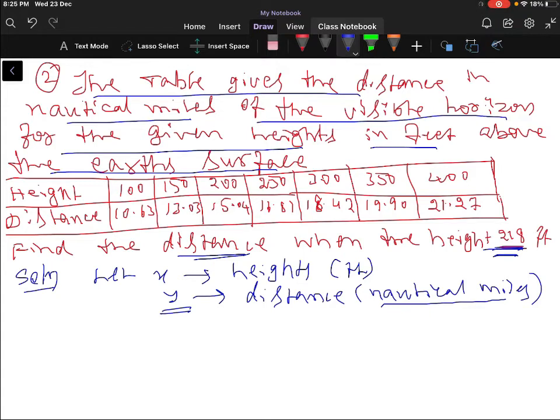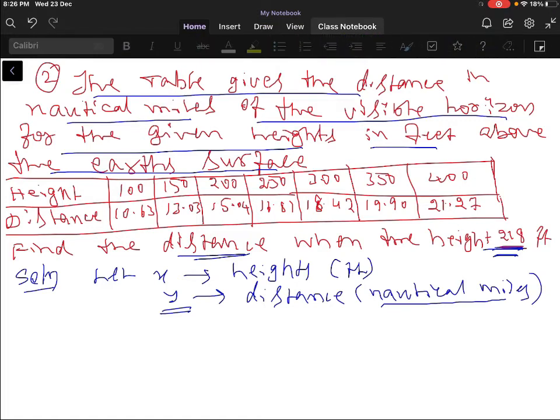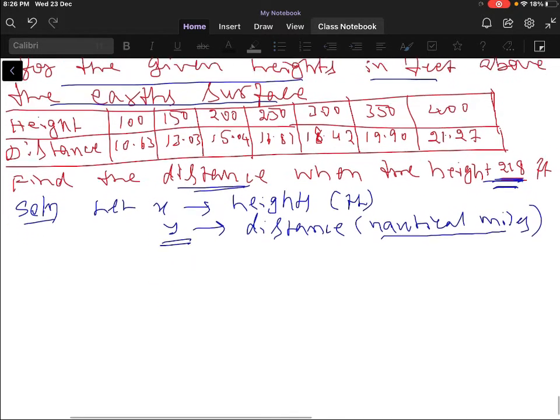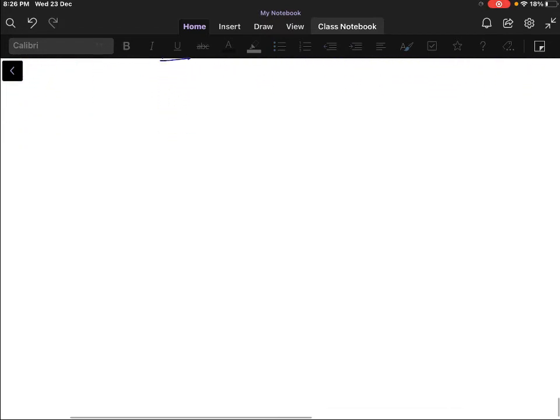Therefore, Newton's forward interpolation formula is appropriate. So let us construct the forward difference table for the given set of values of x and y.